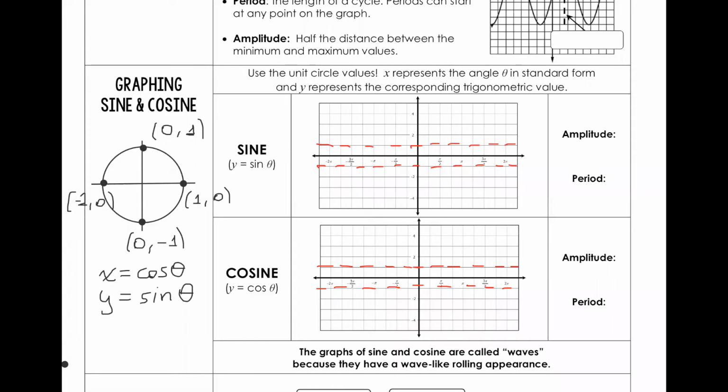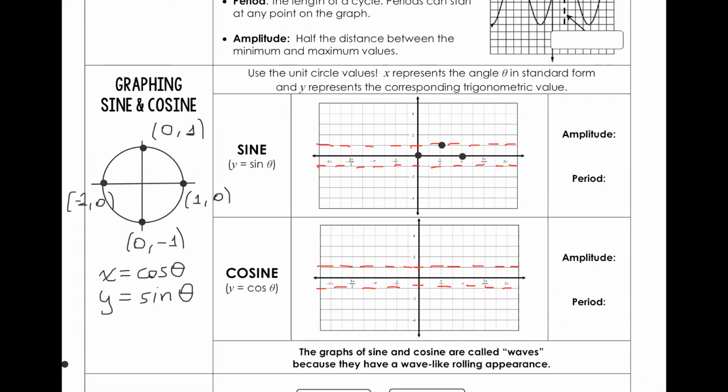When my angle is 0, my sine function is 0. When my angle is 90 degrees, my y value is going to be 1, which means that my sine is going to be 1. When my angle is equal to pi, pi is 180 degrees, the sine of 180 degrees is once again 0.